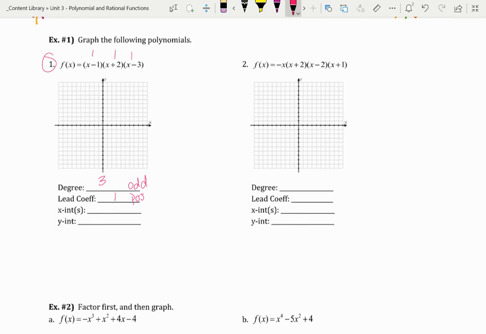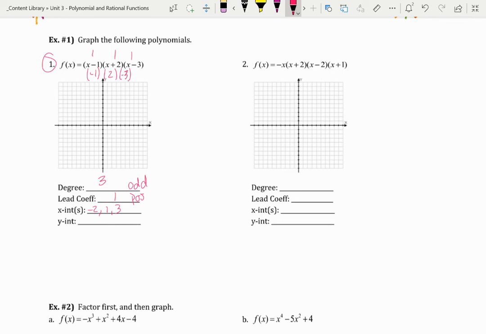My x-intercepts are going to be at -2, 1, and 3.